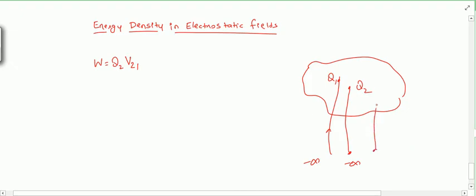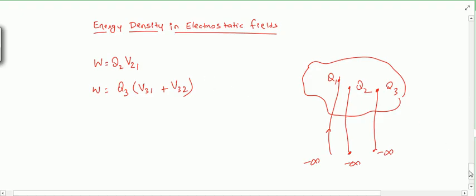Now if I move another charge, suppose q3, also from infinity, I have to do work again. For q3 it will be v31 plus v32, that is, potential at point 3 due to the first charge and potential at point 3 due to the second charge, right?